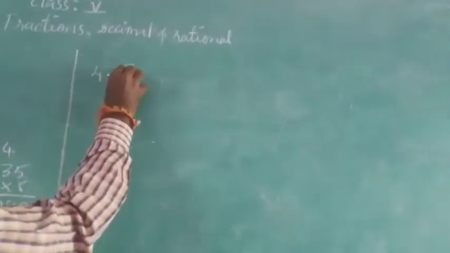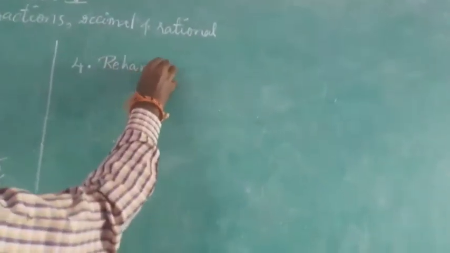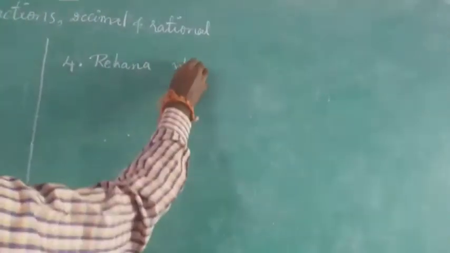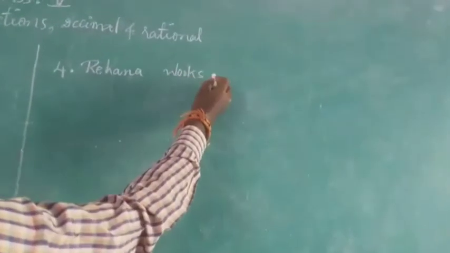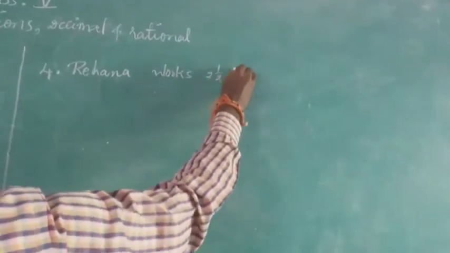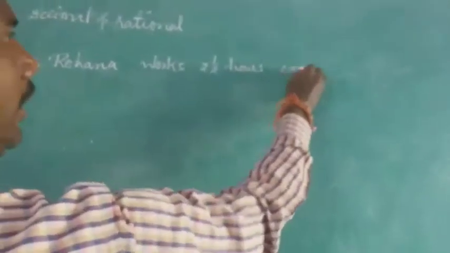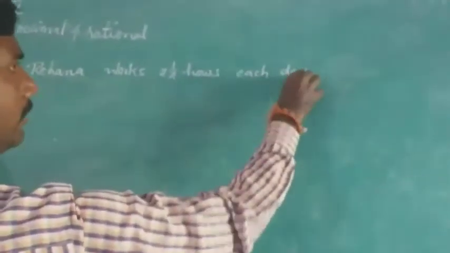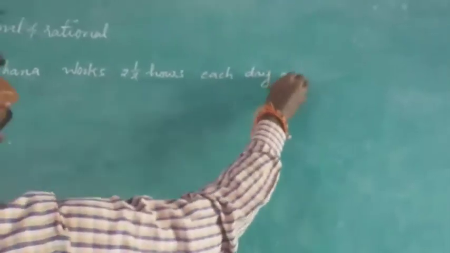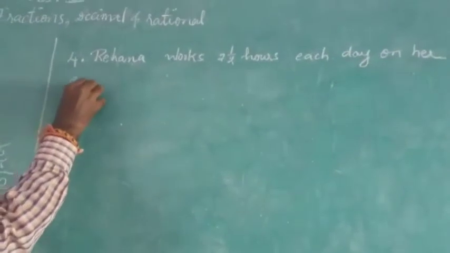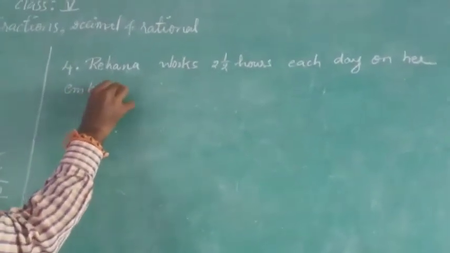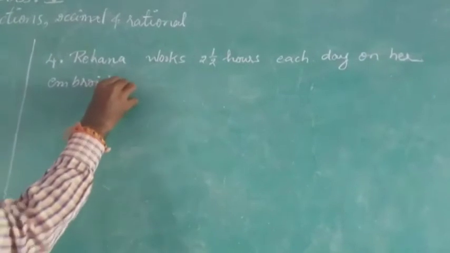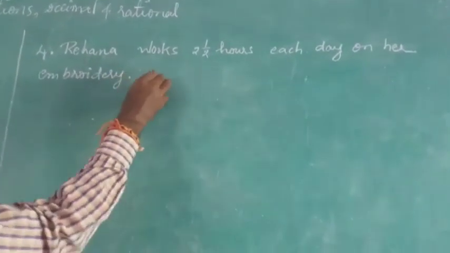What is the fourth problem? Rehana works 2 1 by 2 hours each day on her embroidery work.